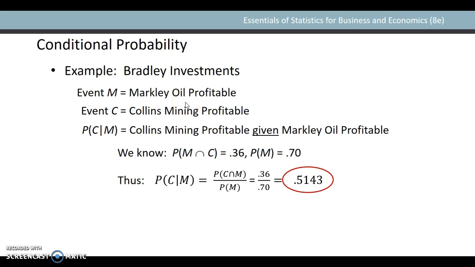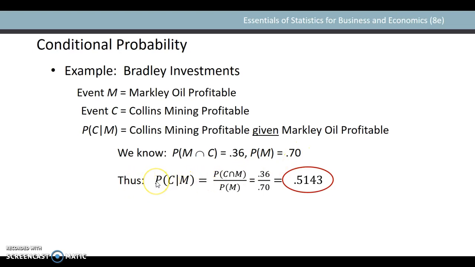Here, using the Markley and Collins numbers we've been using before, we know that the probability that Markley and Collins make a profit was 0.36. The probability that Markley is profitable is 0.7.